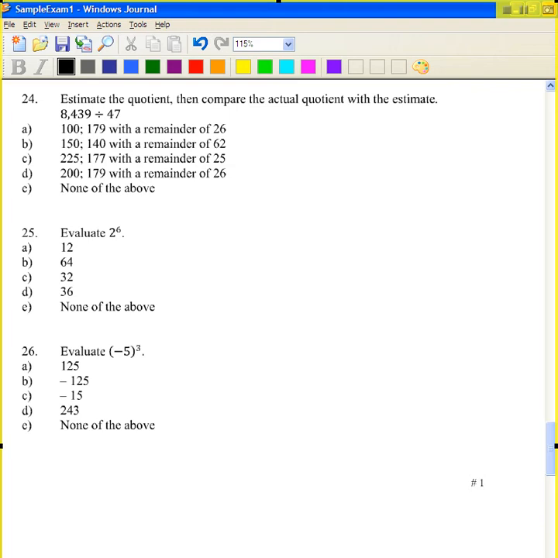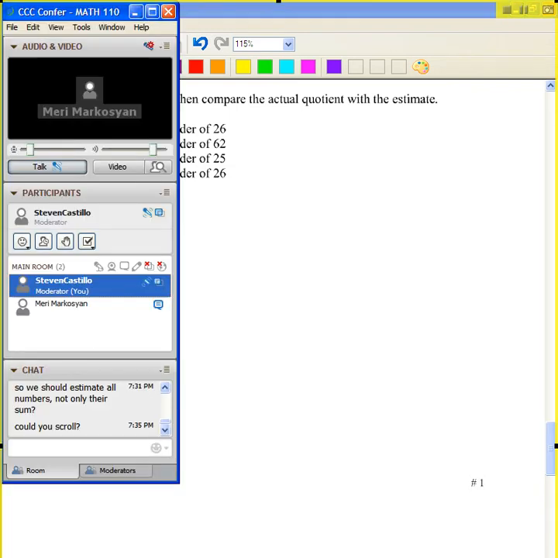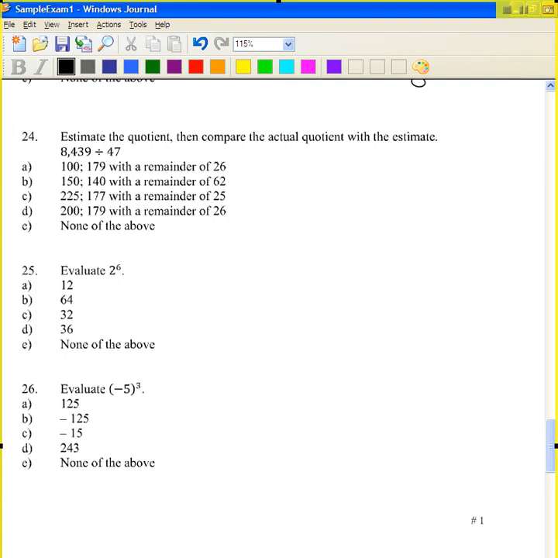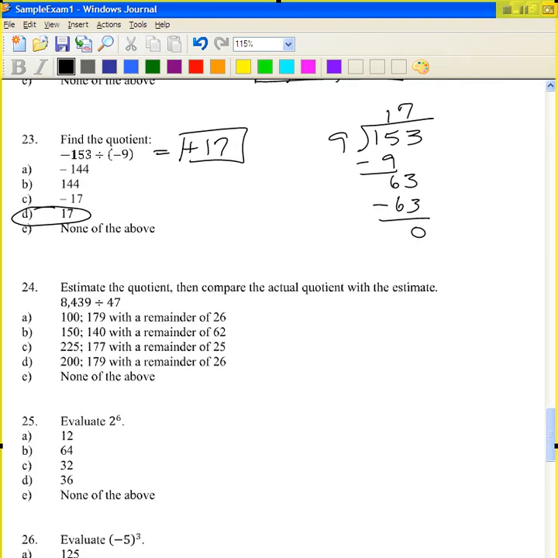Let me do problem number 24. Estimate the quotient and compare the actual quotient with the estimate. Estimate the quotient.